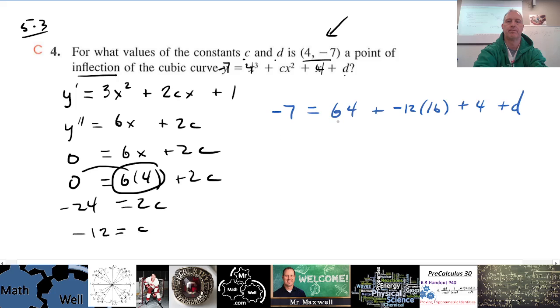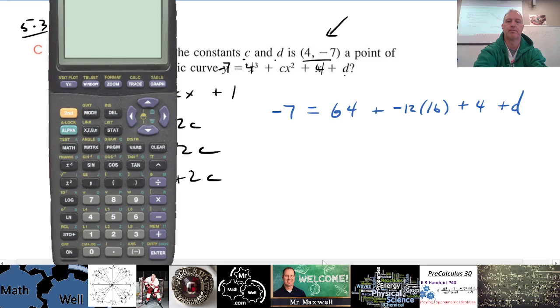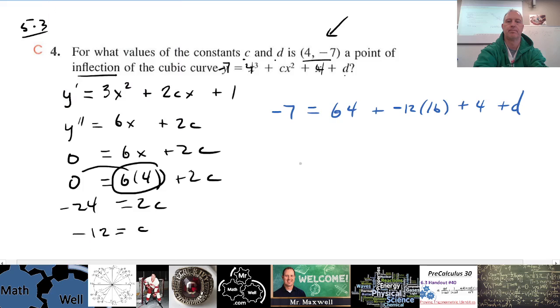So what have I got here? I got 68. What's 12 times 16? I'm just going to default to the calculator here today. So that's going to be negative 192. We got 68 here. We got plus d. So we're going to subtract 68.